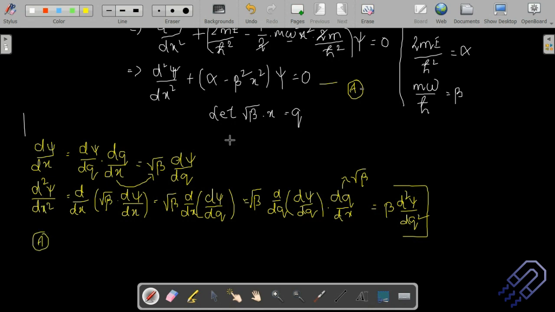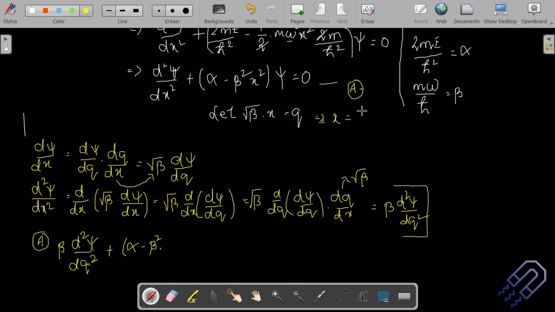You know d square ψ by dx square is this, right? So what I can do is I can write it down as beta. We are just changing the variables. In place of x, we are writing down everything in terms of q. d q square plus, we have got alpha minus, then we have got beta square, no issues, but it's x here. x is nothing but q divided by root beta, right?